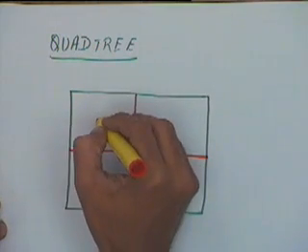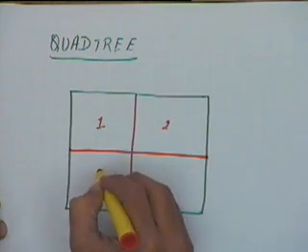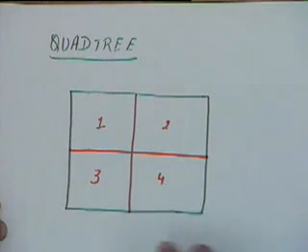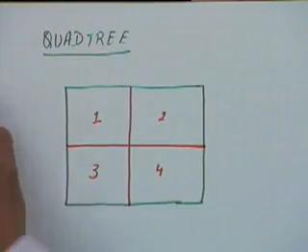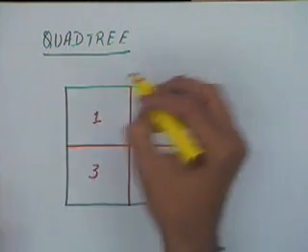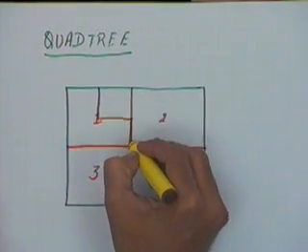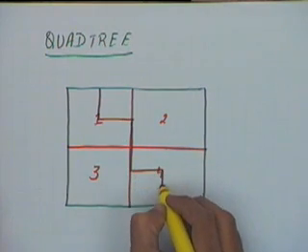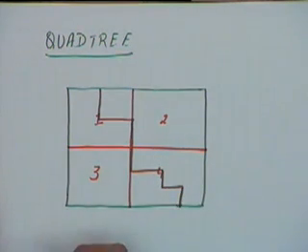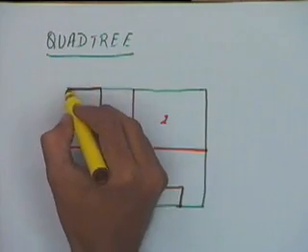Let us say this is our region number 1, 2, 3 and 4. And let us say the figure to be modeled is something like this. This is the region I am trying to model.